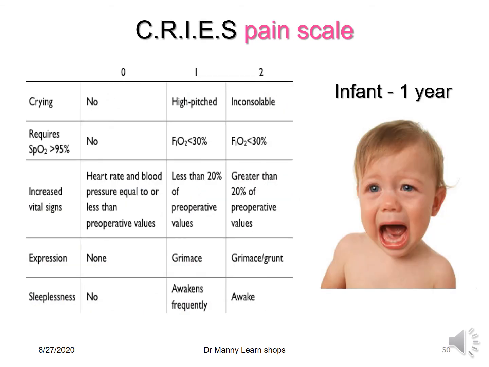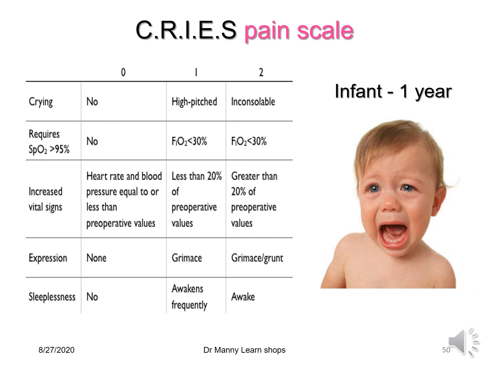Then you've got C.R.I.E.S. C.R.I.E.S is another pain scale that typically is used for infants or up to 1 year of age. But you could use it on anybody. Here, are they crying? Do they require oxygen?